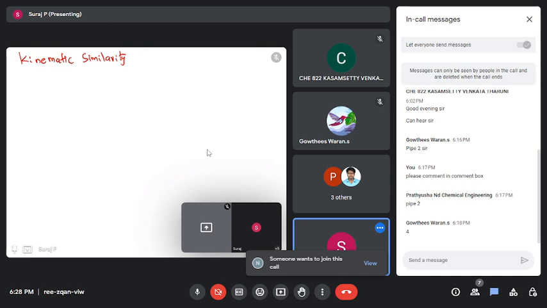If RE1 is the Reynolds number of the model and RE2 is the Reynolds number of the prototype, then RE1 should be equal to RE2. Similarly, the other ratio is the Froude number, which is given by the ratio of inertial force to gravitational force.